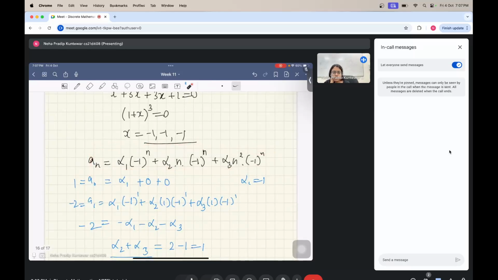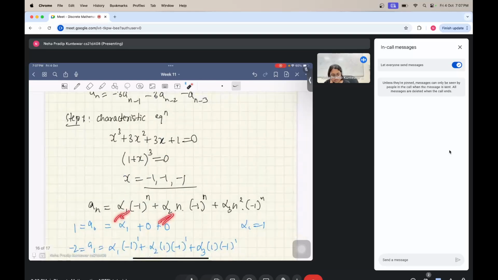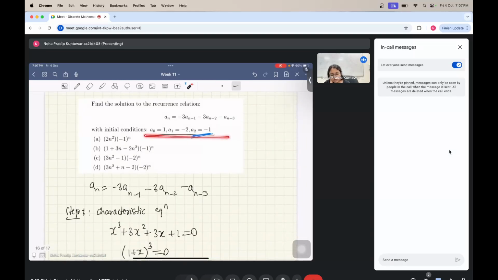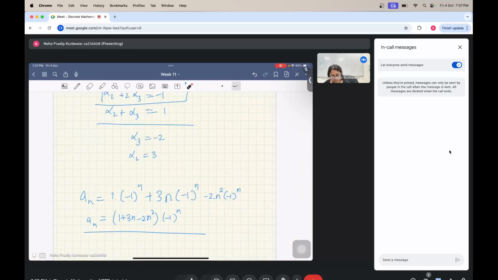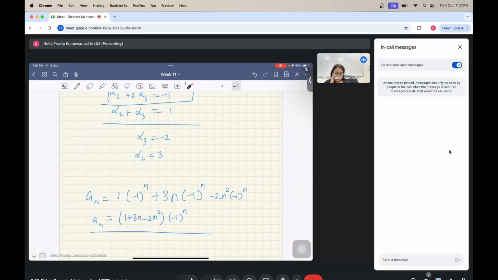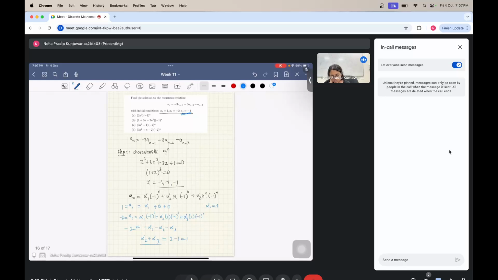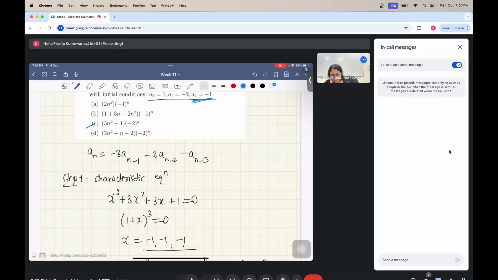You use this form that we saw in the lectures, which tells you the closed form for the nth term. Then to find the values of these constants alpha 1, alpha 2, alpha 3, we used the initial conditions, substituted them, solved them to find the values, and simply plugged them in here. So the answer for this question is C.